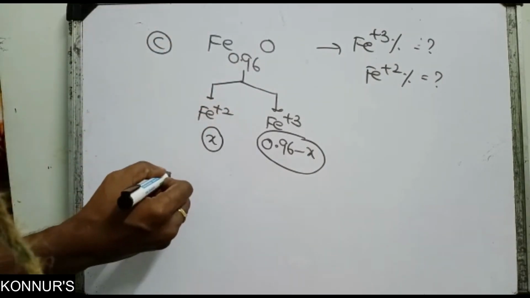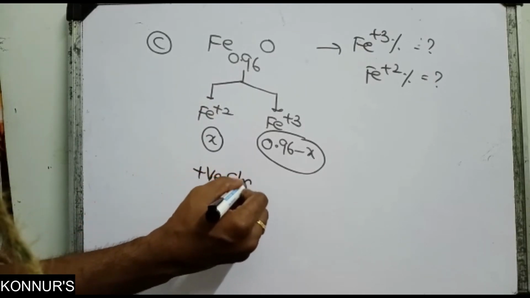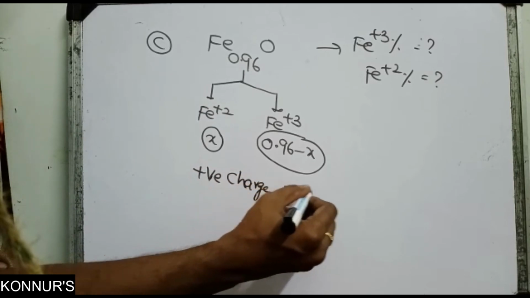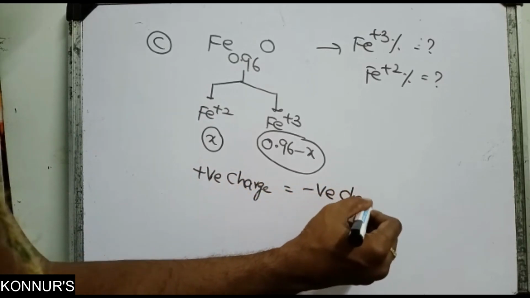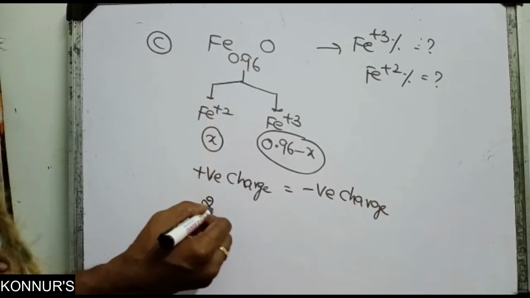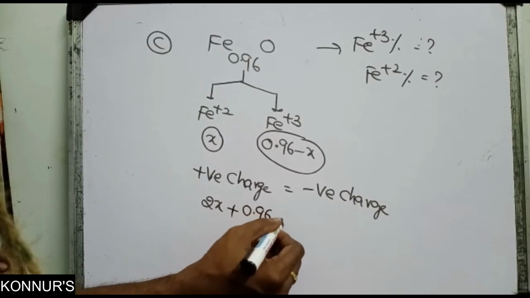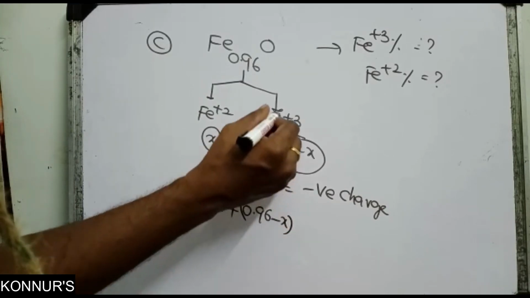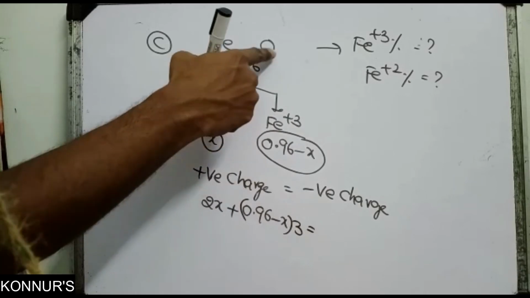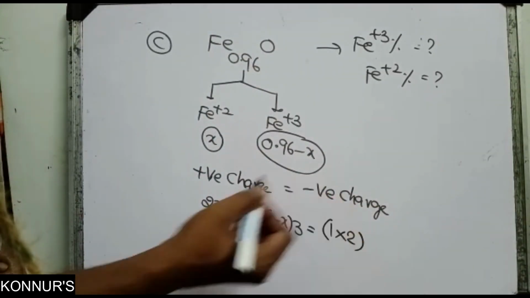In any molecule, this is the fundamental: total positive charge equals total negative charge. So positive charge is 2 into X plus 0.96 minus X into 3, and for 1 oxygen, 1 into minus 2, so the charge is 2.